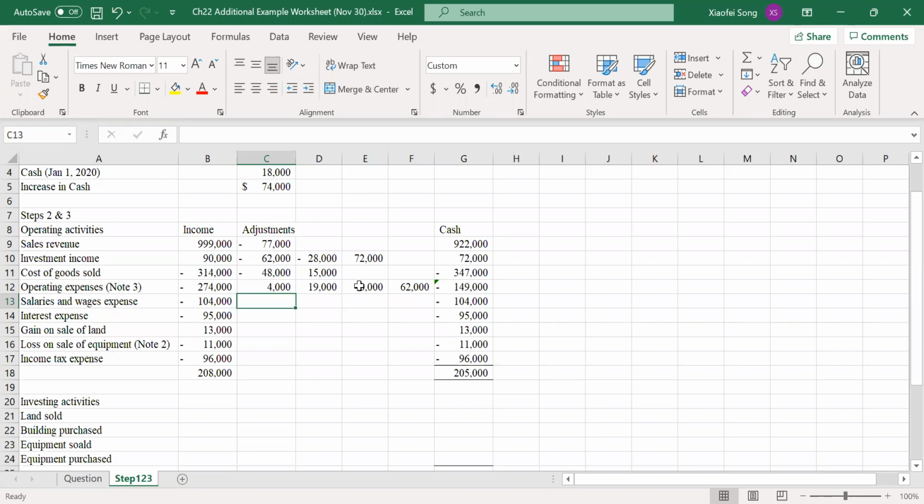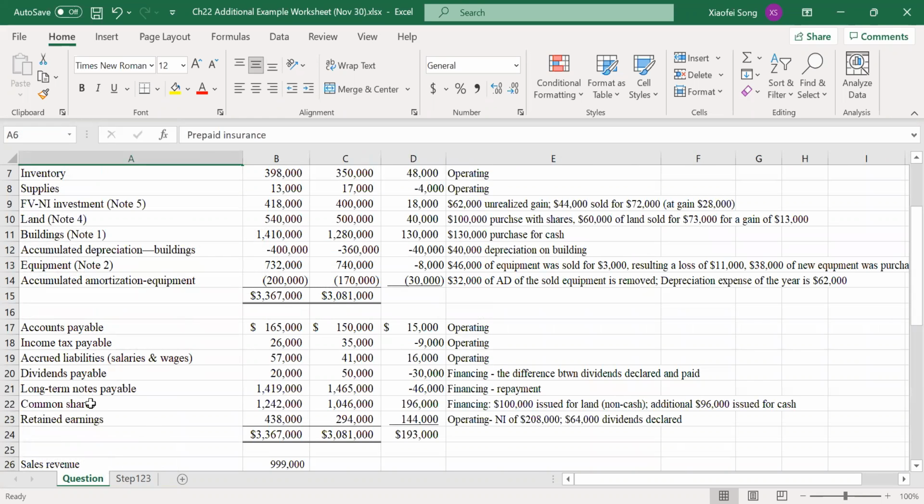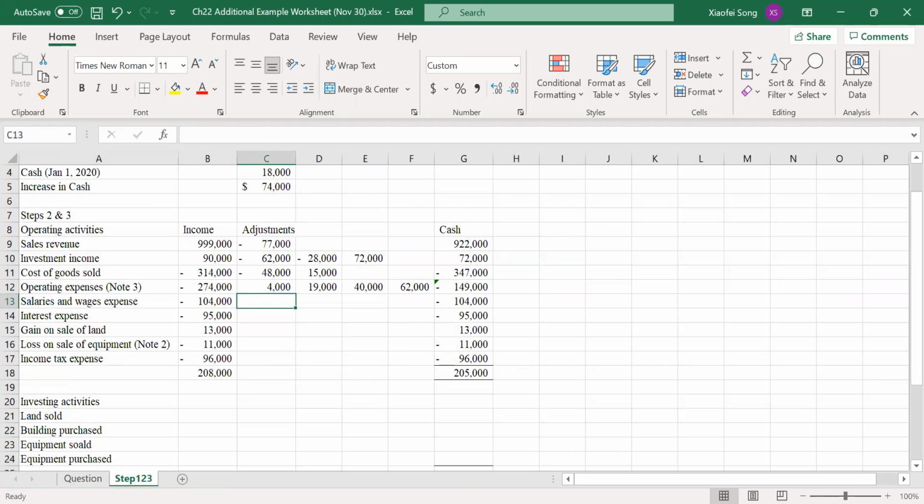So here, salaries and wages payable, I think it increased 16,000. Yes, so that should be added. Yes, 16,000.